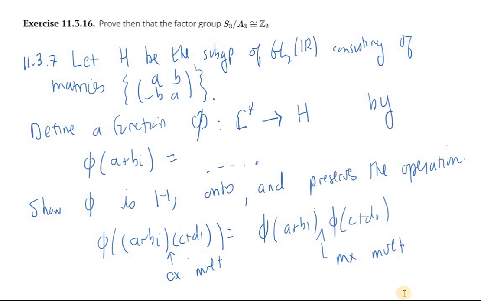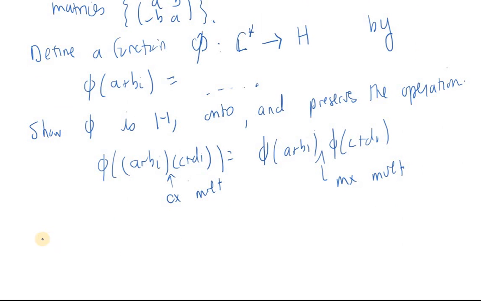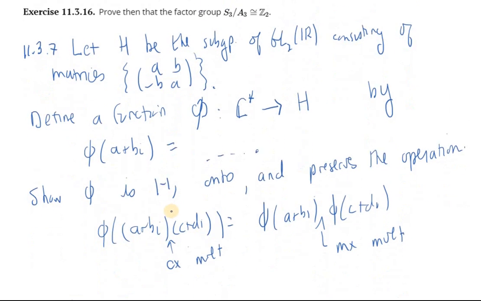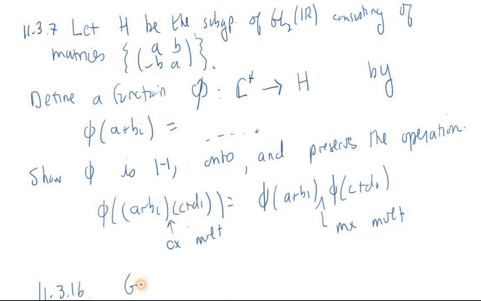For 11.3.16, it's going to be very similar. Okay, for 11.3.16. Let's see, you have your group G, so we'll let G equal S3 over A3. Now it'd be helpful if you listed the elements, I think. Okay.